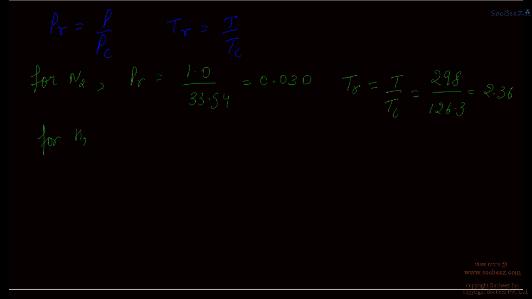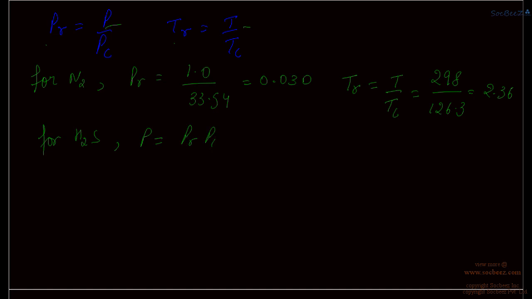Okay. Now for H2S, we need to calculate temperature and pressure. We know the reduced pressure and reduced temperature for H2S, because they will be the same as the reduced temperature and reduced pressure of N2, since both of these gases are in corresponding states.